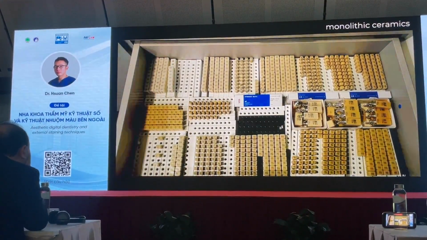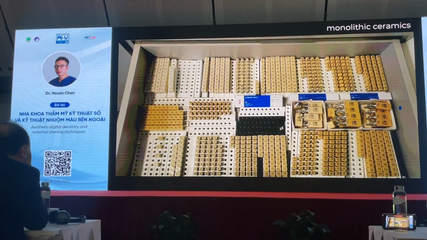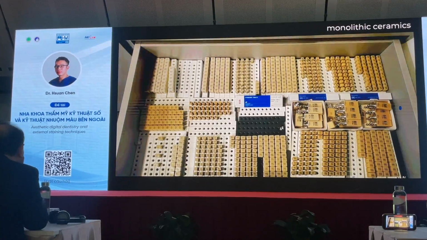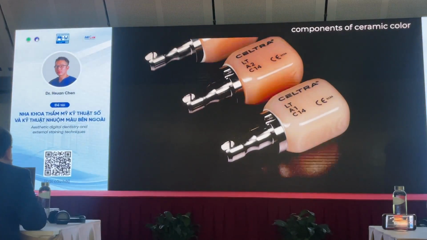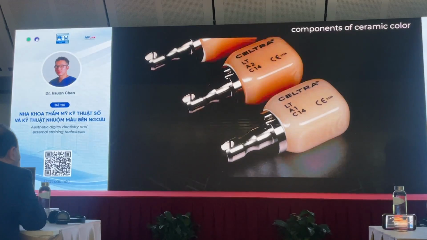So if we look at the blocks that we have, this is the Photoshop of the blocks that we have in our clinic. Everything looks kind of the same, right? It's very difficult to look at this and then just choose the ceramic that we want. Okay? But if you look closely, you can reduce it down to 2 basic components of ceramic.